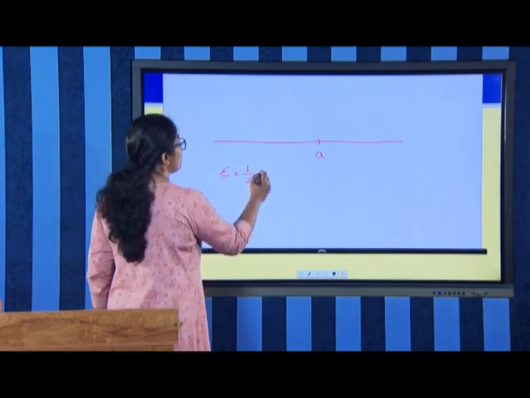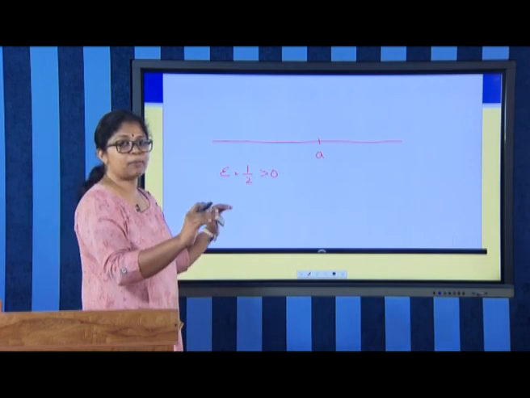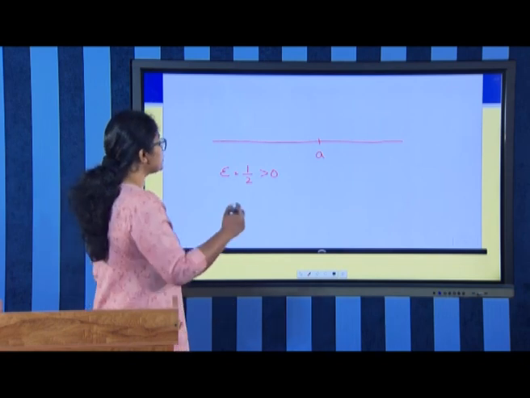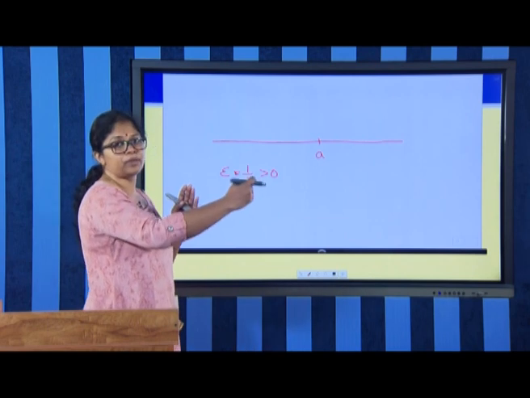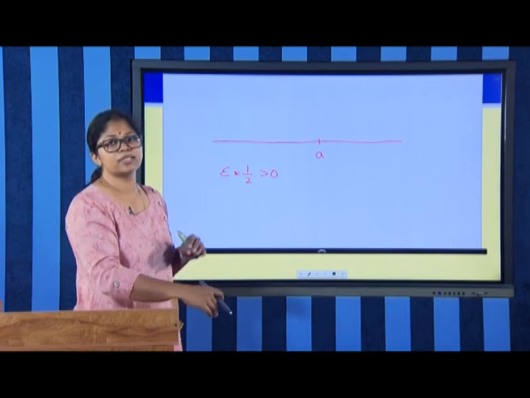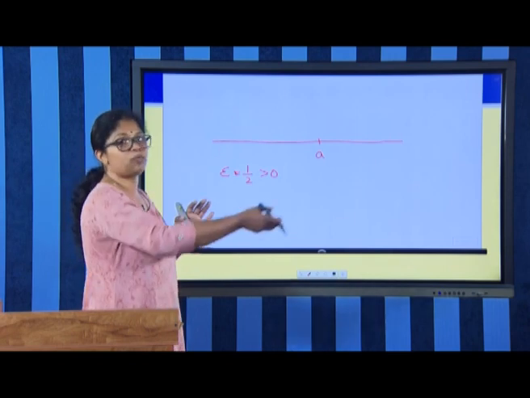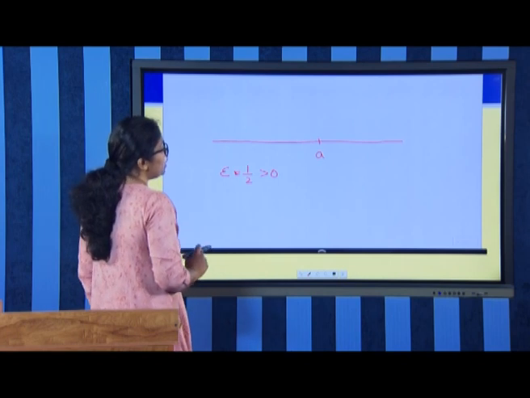You can take whatever value of epsilon you wish, but because we are discussing a neighborhood, it should not go beyond 1. So, our epsilon should be restricted somewhere between 0 and 1. Usually we do not want epsilon to be more than 1. So, epsilon is equal to half, if you are taking.